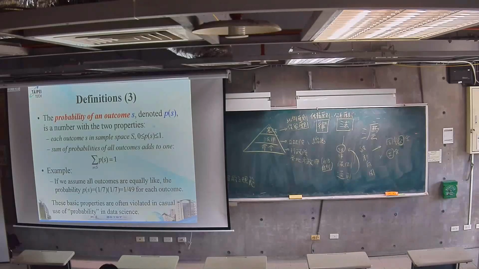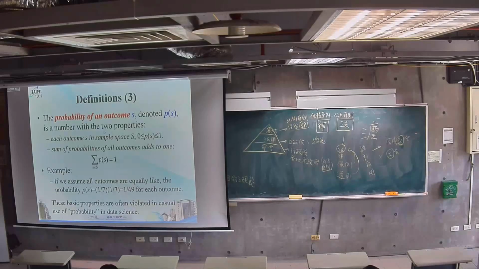So in order to define the probability over a sample space, we associate each outcome with a real number, and that number would be between 0 and 1.